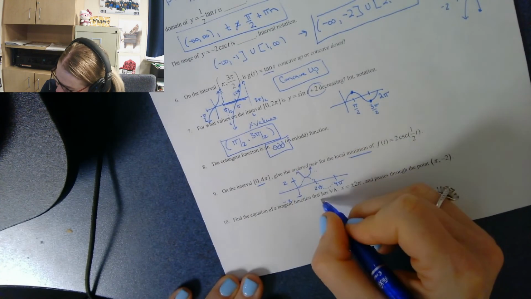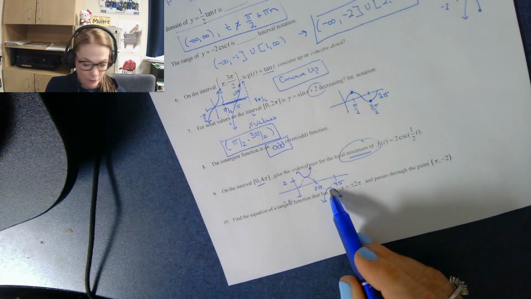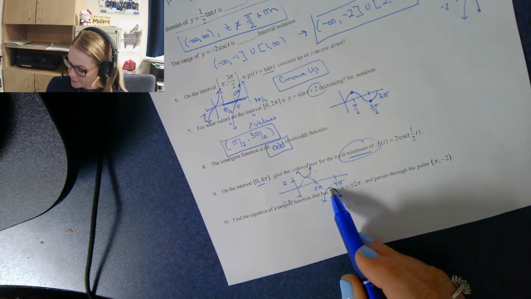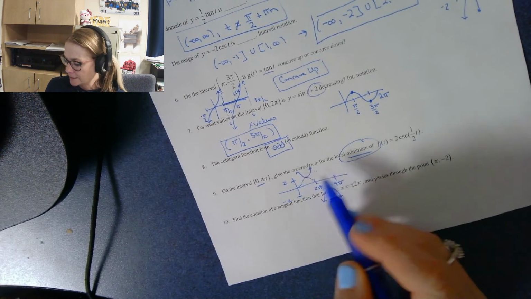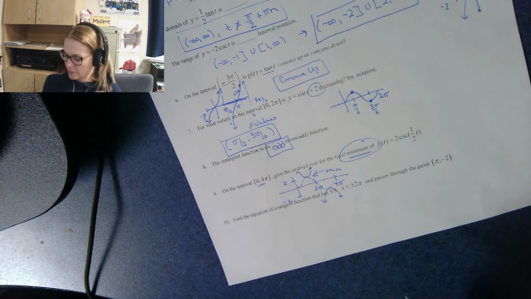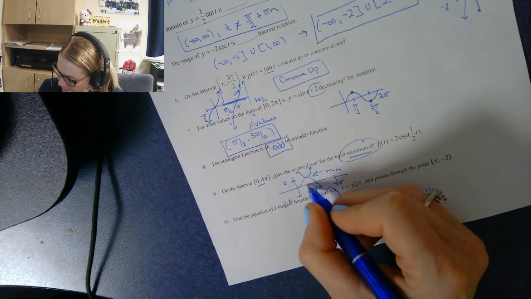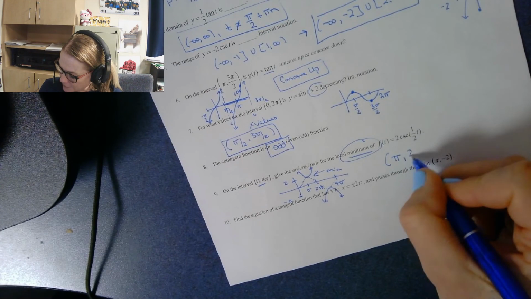I mean, you're working fast on a quiz, so it's going to go here. And a minimum, so your eyes are good. You're going to be drawn right here because that looks lower. But remember, a minimum is where the graph goes from decreasing to increasing. This is a minimum, even though it looks to your brain higher. It's a minimum, and so that's going to be the ordered pair. That is going to be pi and 2.